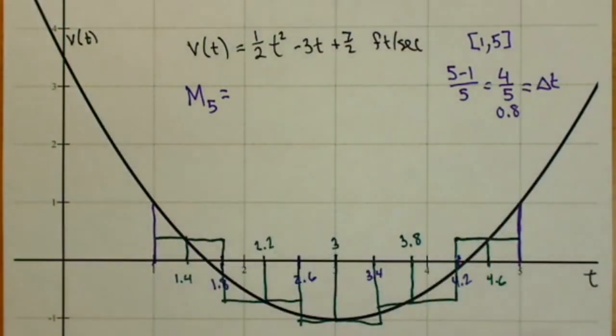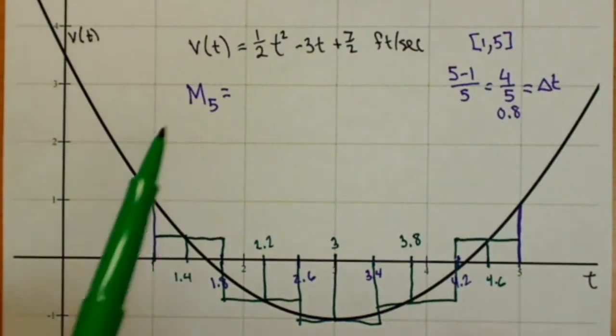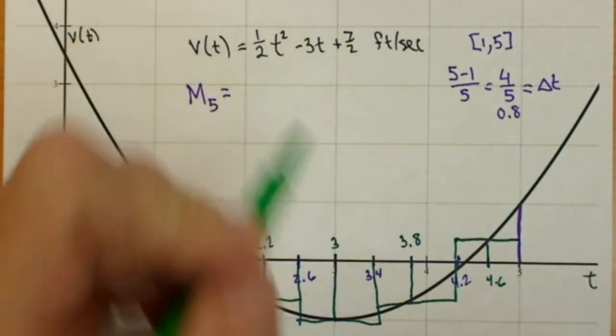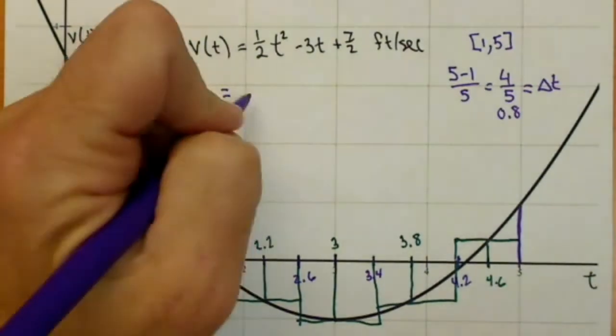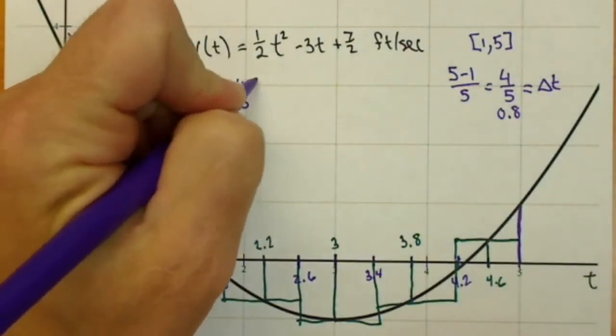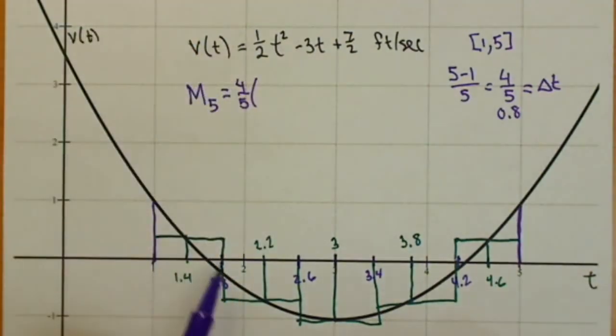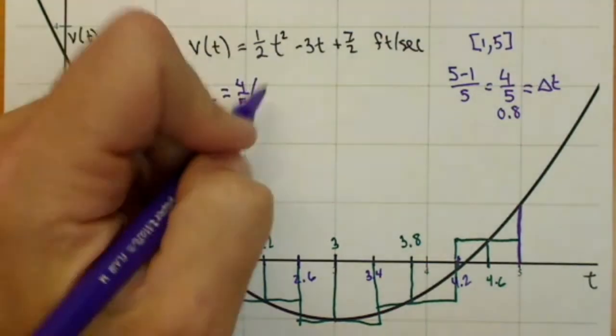Okay, so we're going to use this to get our estimate of the midpoint rule and the distance traveled. For the midpoint rule, we need all the heights of these rectangles, and we're going to multiply them by our delta t. So let's do the midpoint rule. That'll give us our change in position. So 4/5, and now we're just going to plug in our midpoints into v.